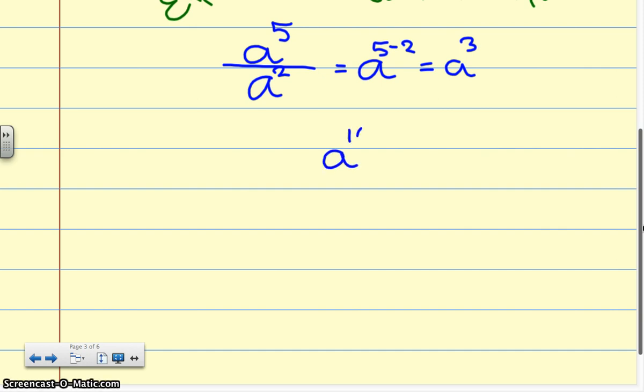Let's try it. A to the 16th b squared over, now we're going to jump right to the difficult one, over a to the 16th b to the 5th. I want to try to simplify that.